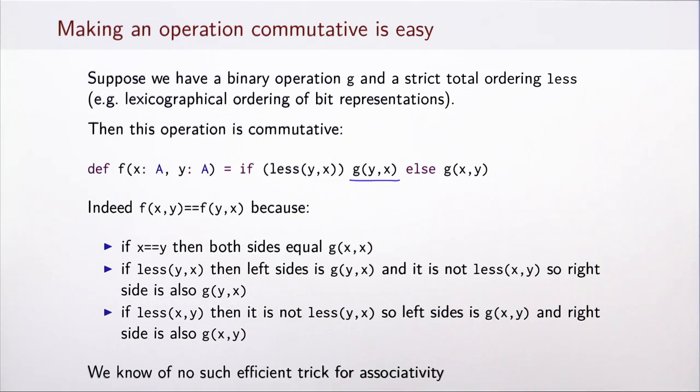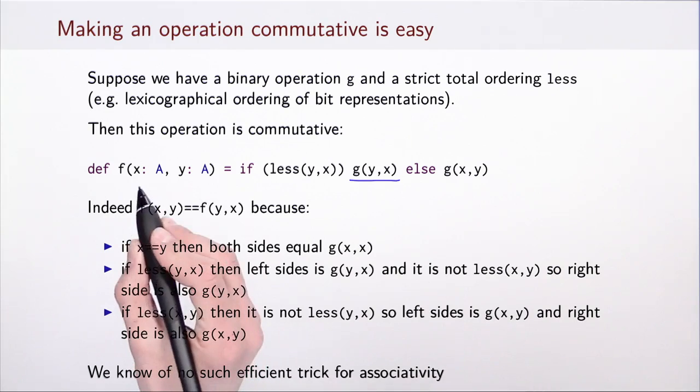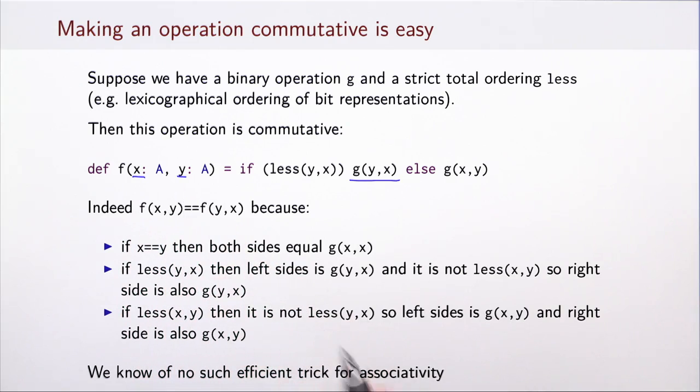Then all we need to do is pick some total order on the values from our domain, such as x and y, that allows us to compare two values such that we always get the answer that they are equal or one of them is less than the other. We can do that by, for example, comparing raw bit representations of these values, although there are for every domain better ways to do that.